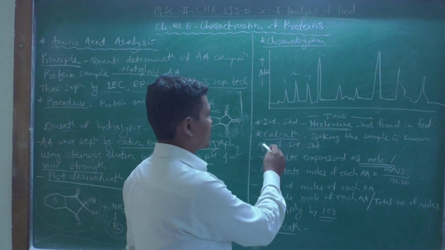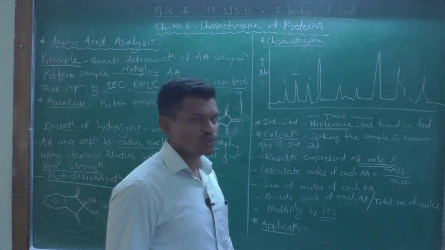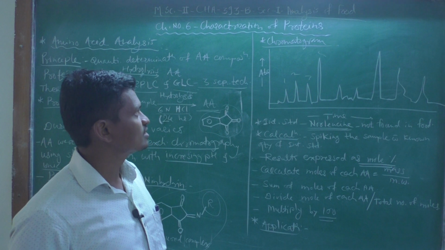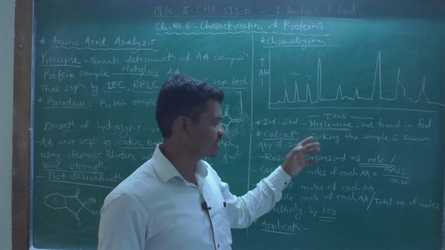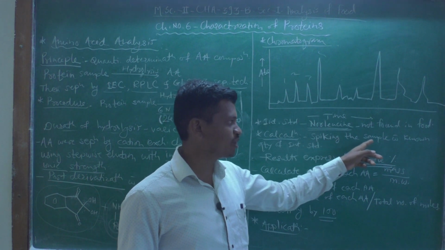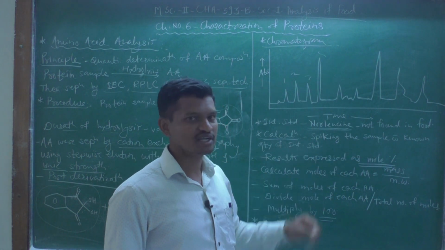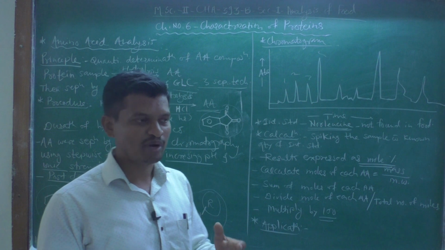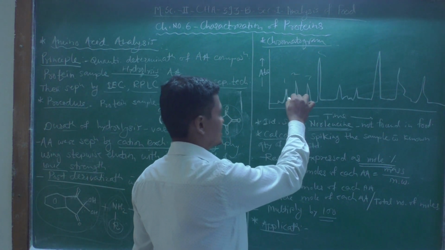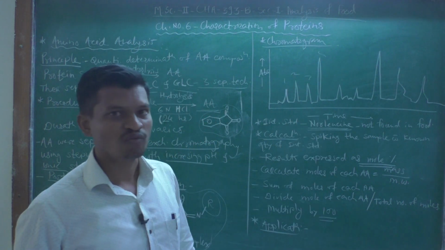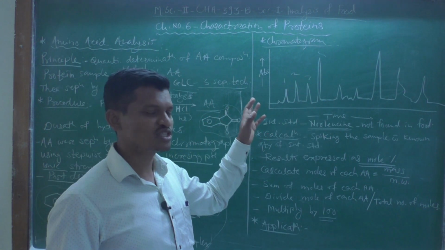Okay, then the calculation part. The calculation is generally done by spiking the sample with a known quantity of internal standard, and measuring the height and area under the peak for each peak in this chromatogram.